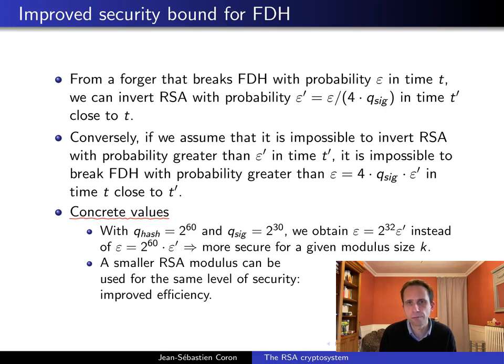And so we obtain that epsilon equals 2 to 32 times epsilon prime, instead of 2 to 60 times epsilon prime. So this means that we have improved the security level. We have shown that full domain hash is more secure than initially proven in the original security proof. So we obtain a better level of security for a given modulus size k. So for the same level of security, we can use a smaller RSA modulus, and so we can say that this improves the level of efficiency.